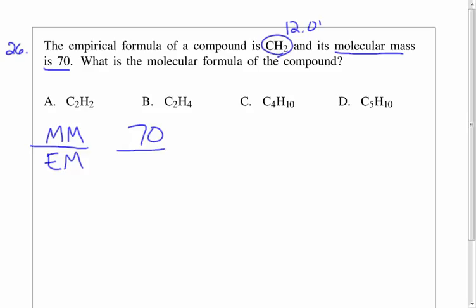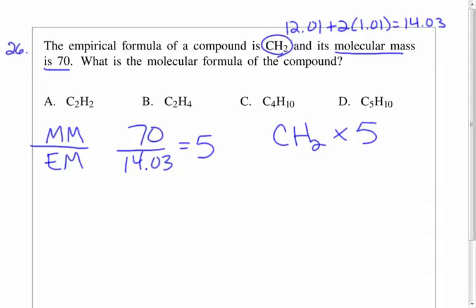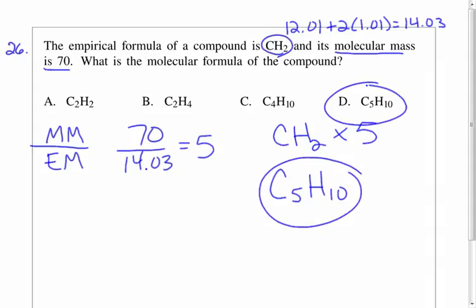The 12.01 and the 2 hydrogens gave us the 14.03. So when you divide 70 by 14.03, you get really, really close to 5. So you take your CH2 and multiply every subscript there by 5. So you end up with 5 carbons, 10 hydrogens, and that would match choice D.